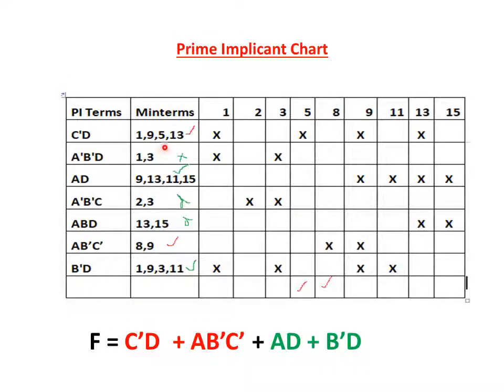So these three combinations, 1 3, 2 3 and 13 15, are eliminated, and only 9 13 11 15 and 1 9 3 11 are considered for the final expression. So this is the final simplified expression with the don't care combinations.